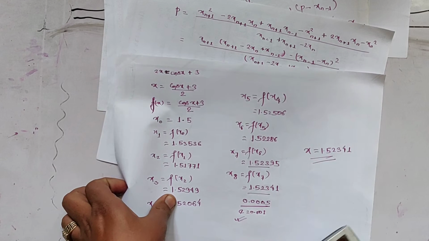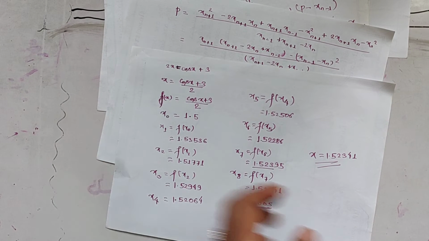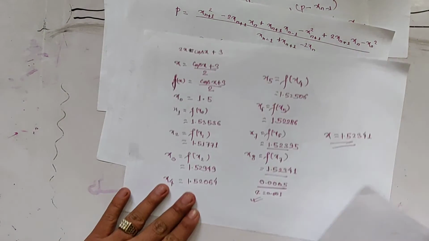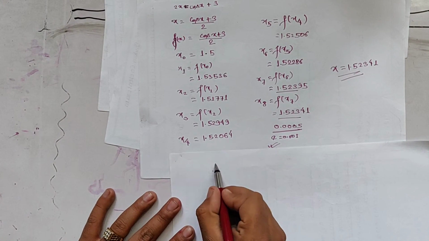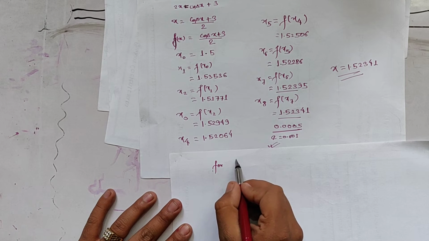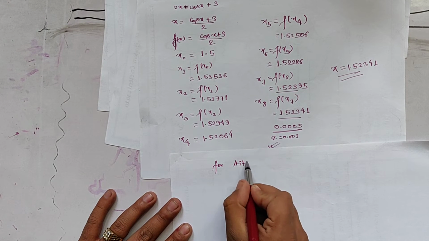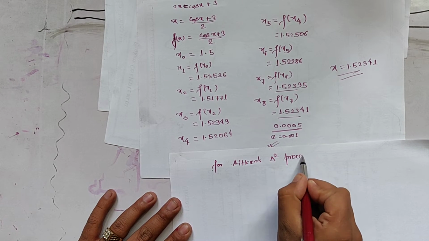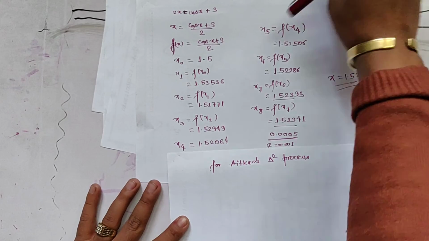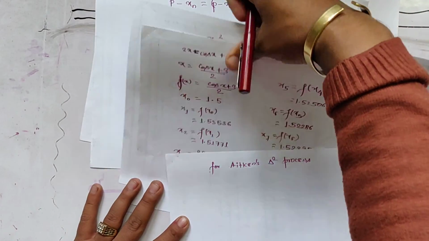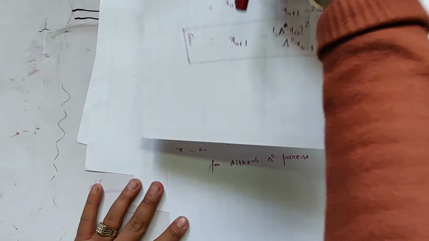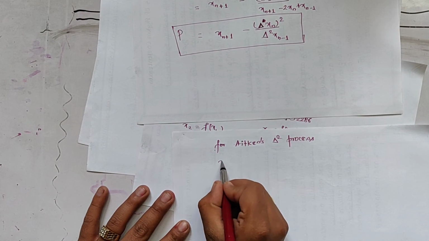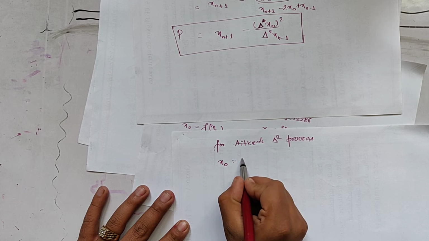Now let us solve the same problem by using Aitken's delta square process. What are the necessary values for Aitken's delta square process? We need x0, x1, x2. x0 equals 1.5, our guess.